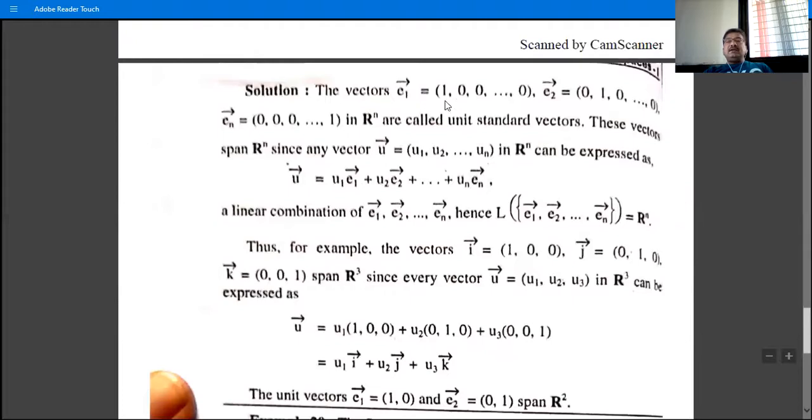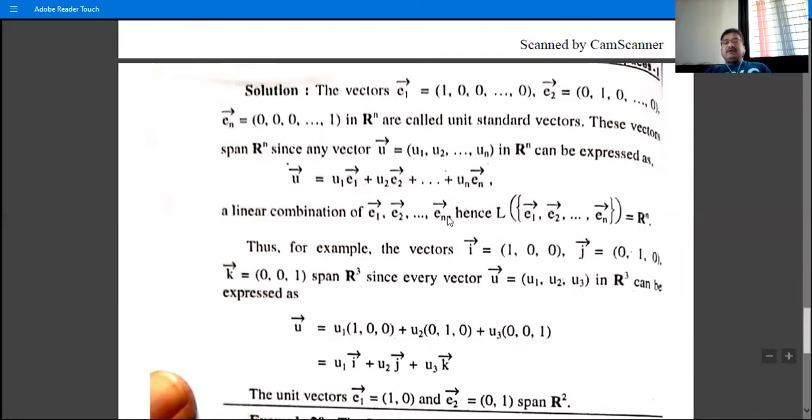In general, e1 is (1, 0, 0, ..., 0), an n-tuple, e2 is (0, 1, 0, ..., 0), and en is (0, 0, ..., 0, 1) in Rn. These are called unit standard vectors, and this set spans Rn, because if you take any vector u = (u1, u2, ..., un) belonging to Rn, it can be expressed as u = u1 e1 plus u2 e2 plus ... plus un en.